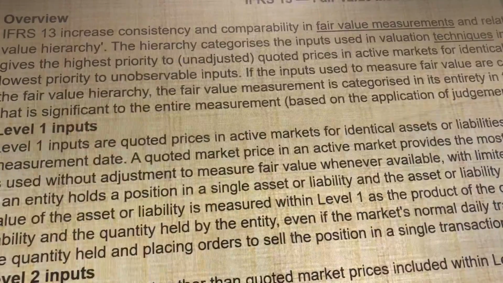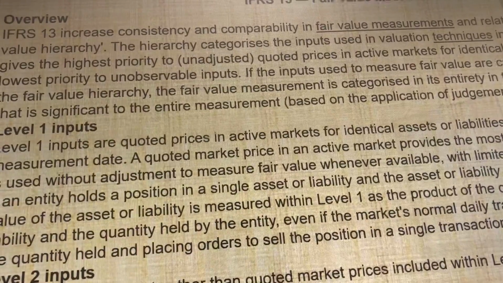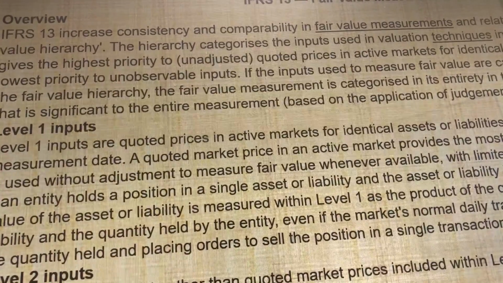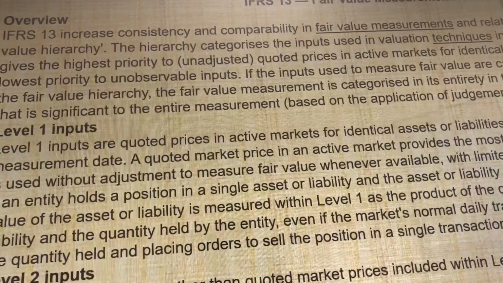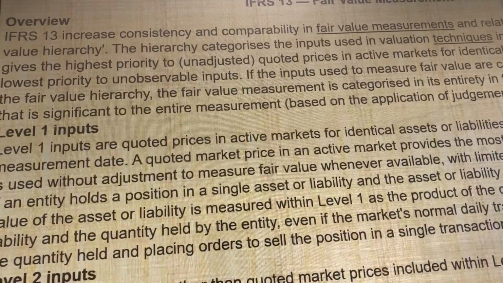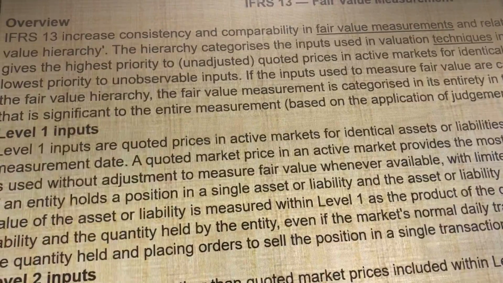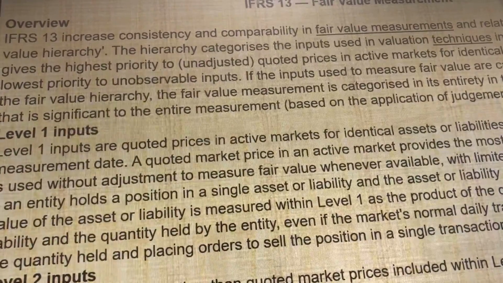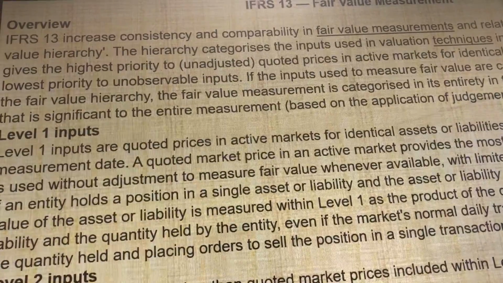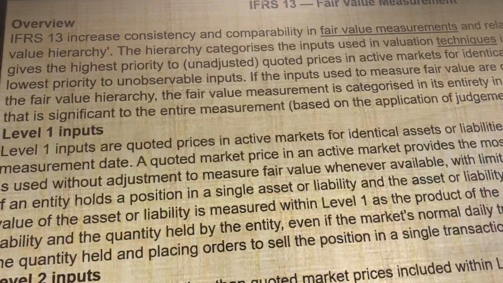The hierarchy gives the highest priority to quoted prices in active markets for identical assets or liabilities. So we have 3 levels to measure the fair value. Level 1.